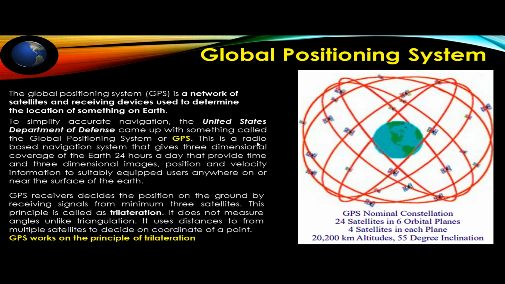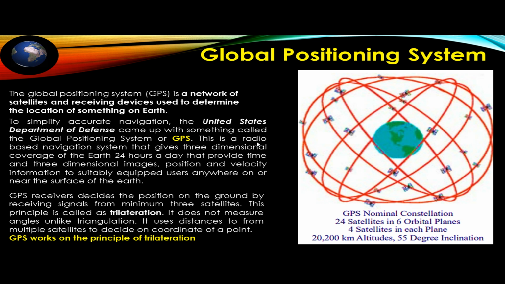It provides time, 3D position and velocity information to suitably equipped users anywhere on or near the earth's surface. To locate any object or any individual on the earth's surface in your GIS software, you need this global positioning system.